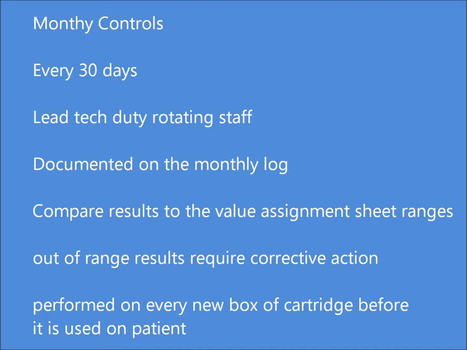The value compliance criteria is found on the ABBOTT Laboratory Value Assignment Sheet, and out-of-range results require corrective action, so notify your supervisor if any analyte is out of range. Controls must also be performed on every new box of cartridges before it is used on the patients.